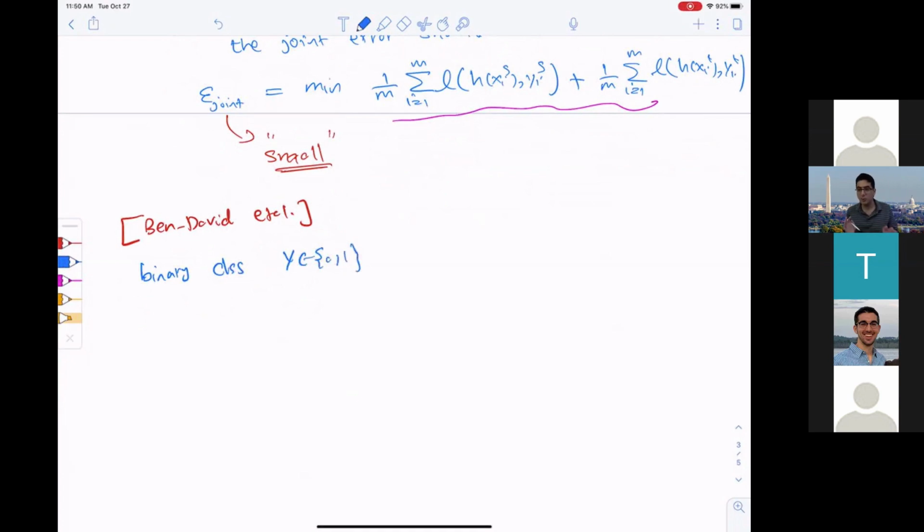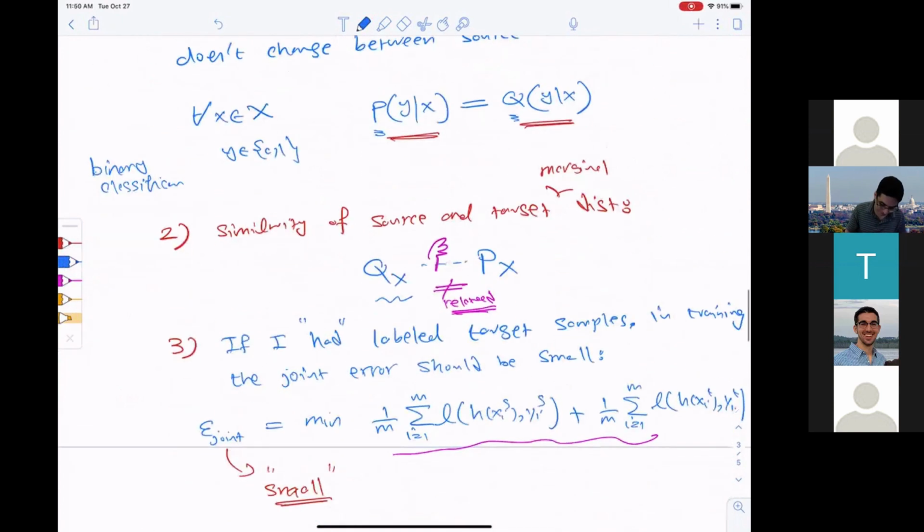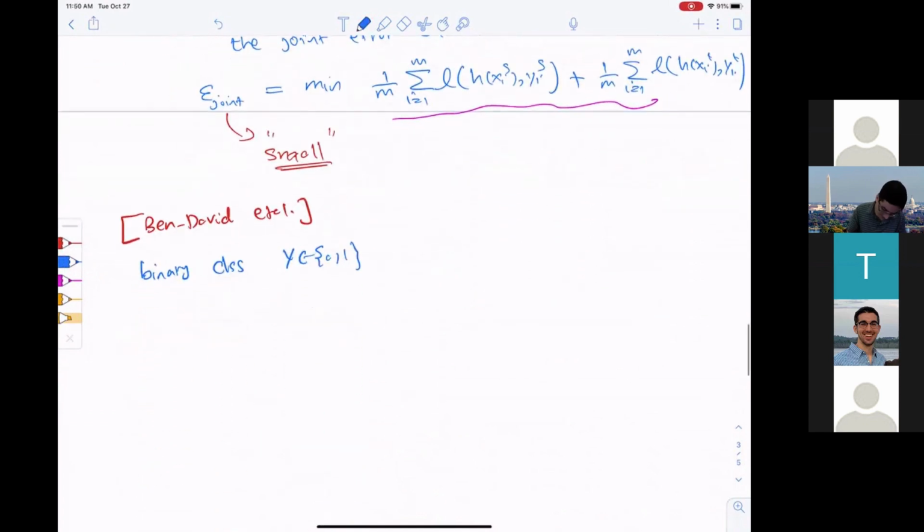Now I'm going to make assumption 2 more concrete. Here I'm saying they're related, but I haven't even talked about how they're related. So revisiting assumption 2, we want to see how we can define a relationship between QX and PX.